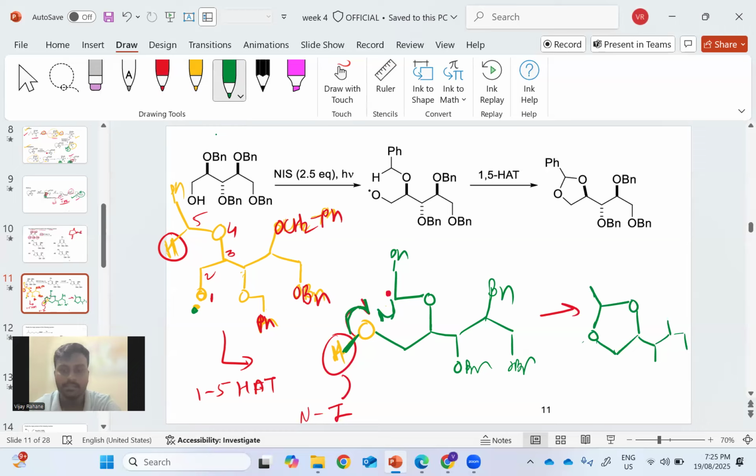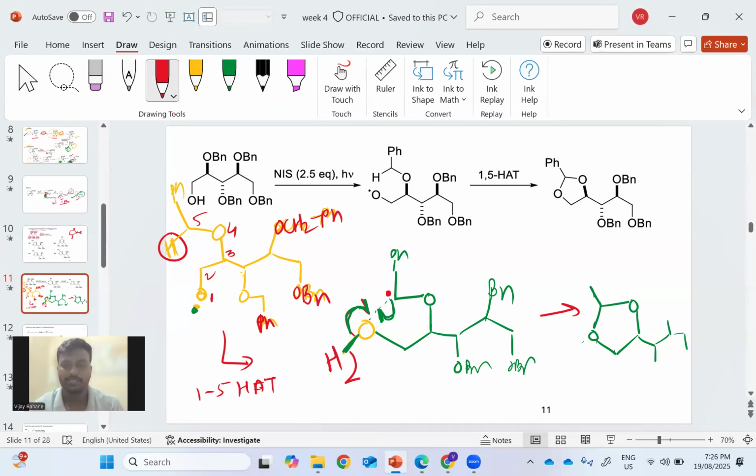Here also from this radical, obviously, one electron will be transferred and it forms a single bond. The remaining proton will help to continuously propagate the reaction, right?